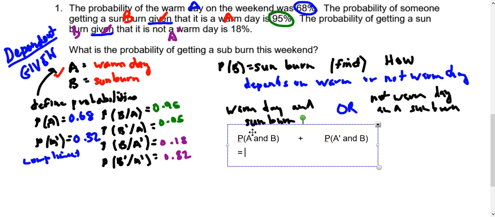And if I went back to my original formula, that formula for dependent probability: probability of B given A times probability of A, plus probability of B given A prime times probability of A prime. All right, so those are the formulas that we've given you at the beginning.